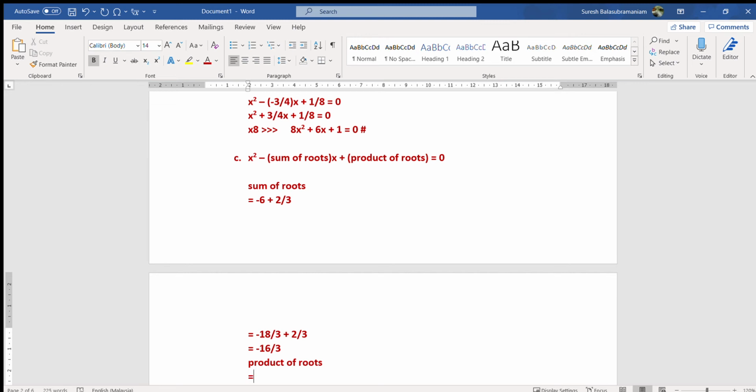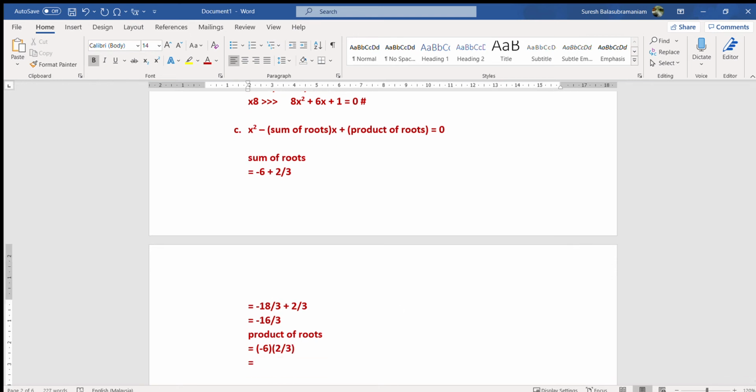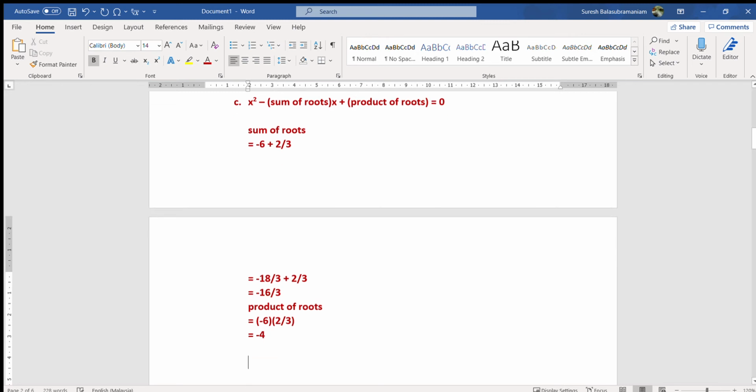You can find next the product of roots. We multiply both roots, negative 6 and 2 over 3. So when you multiply, you get negative 4. Okay, negative 12 by 3, yeah, negative 4. Now we replace that in the equation.